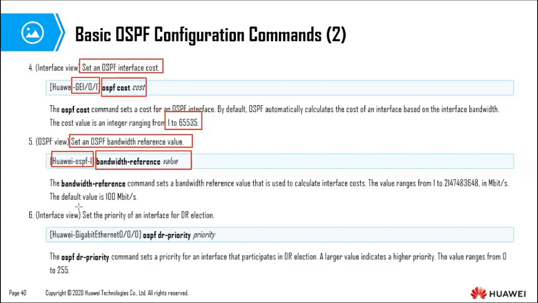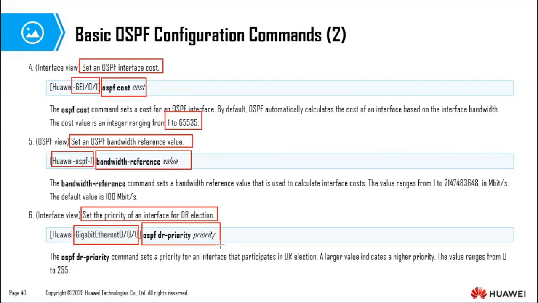Okay, then we can also set the priority of an interface, so that router can be elected as the DR. So we might want to do this in scenarios where we want a more powerful router to be elected as the DR. So to do that, you go into the particular interface, then we do OSPF. The command is OSPF dr-priority.